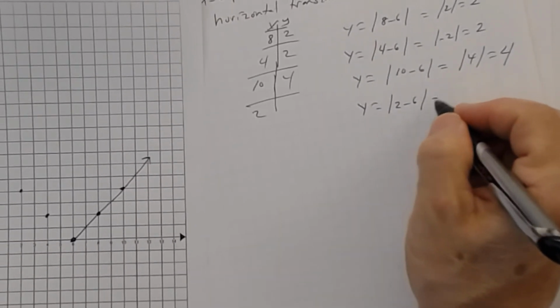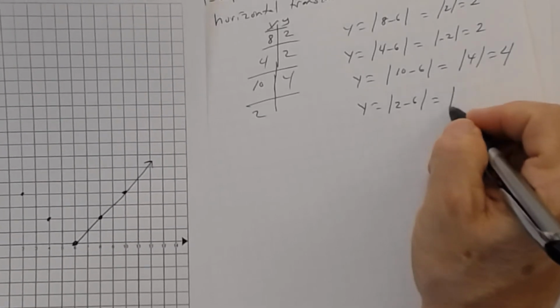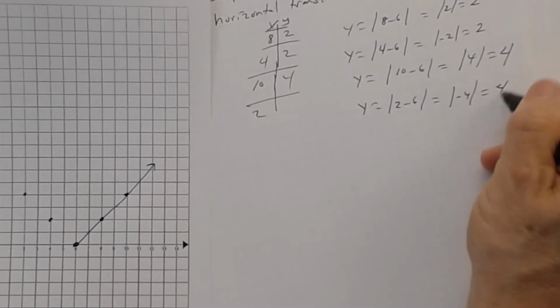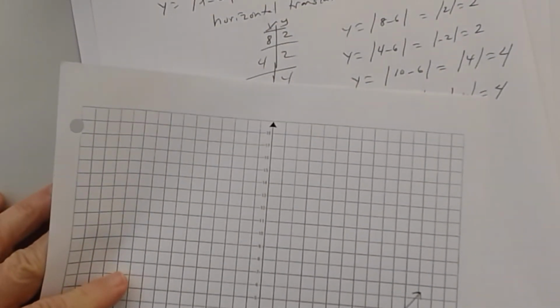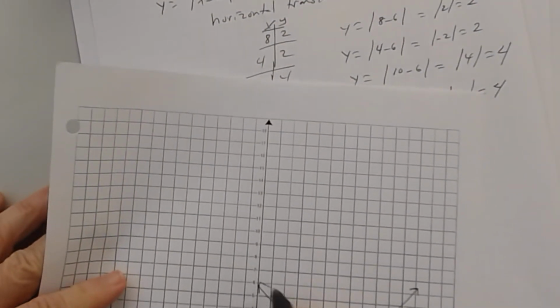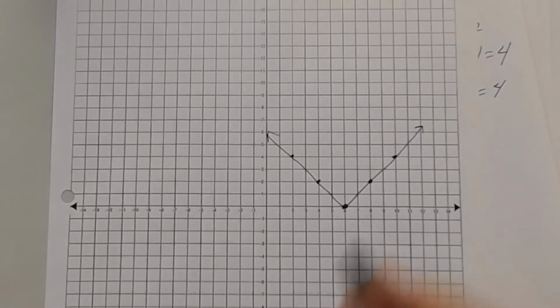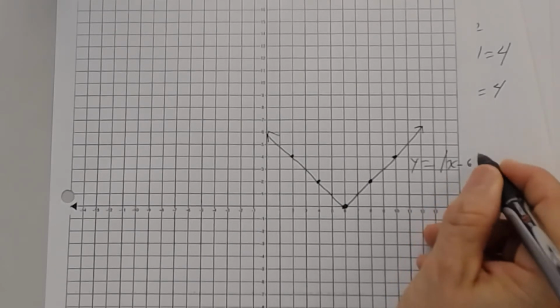What's 2 minus 6? Not 4, negative 4. What's the absolute value of negative 4? 4. So you get 4. And then you plot the points, and then you graph your rays. And so there's your V. So this is the graph of y equals the absolute value of x minus 6.